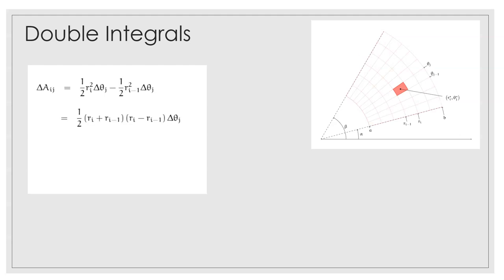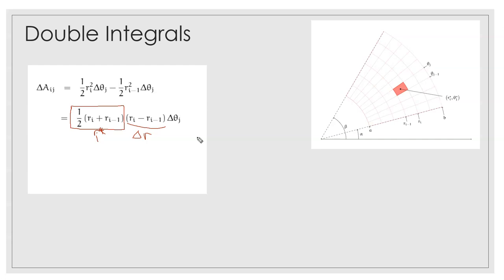Now the reason I want to look at it this way is notice that this right here was r i star. This is delta r.